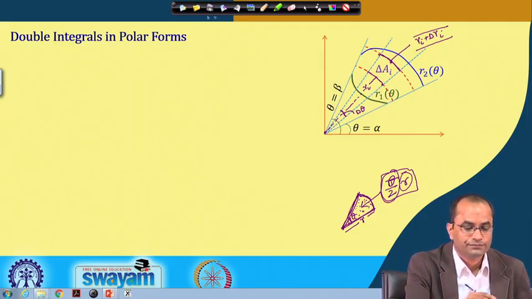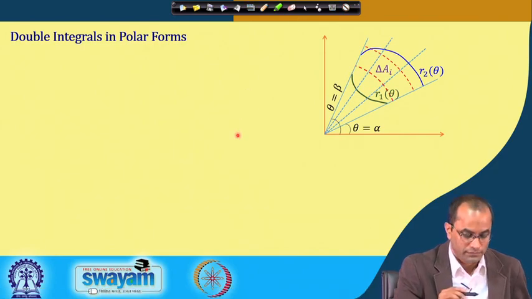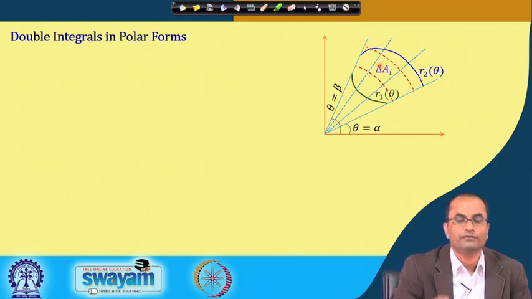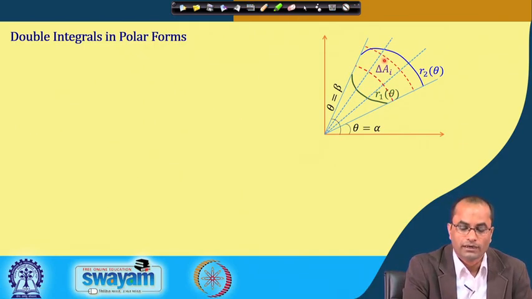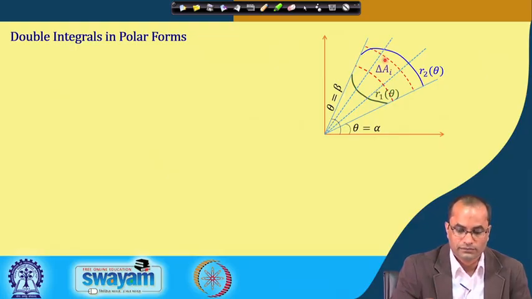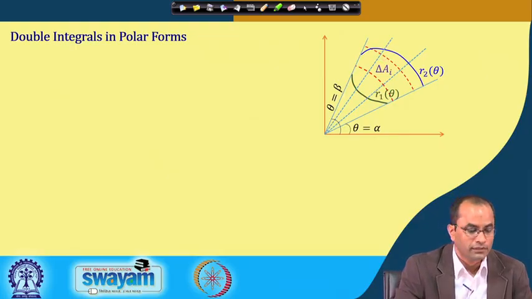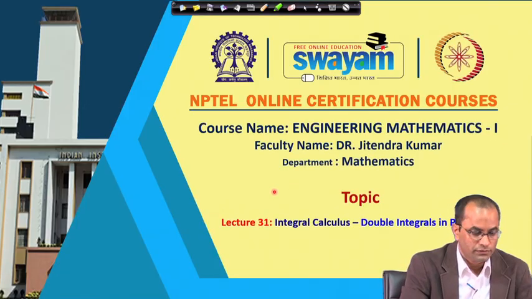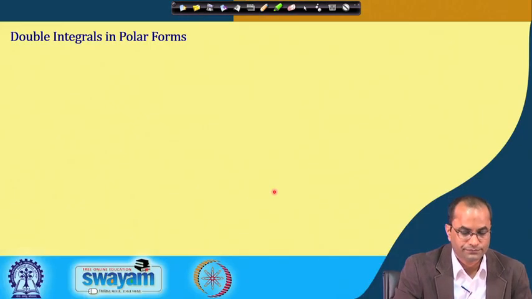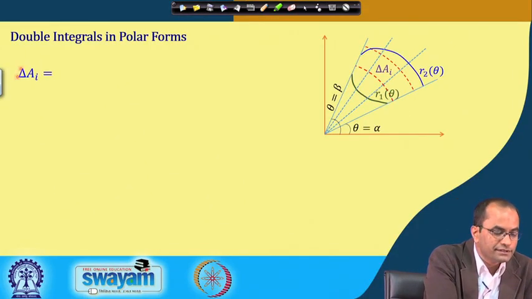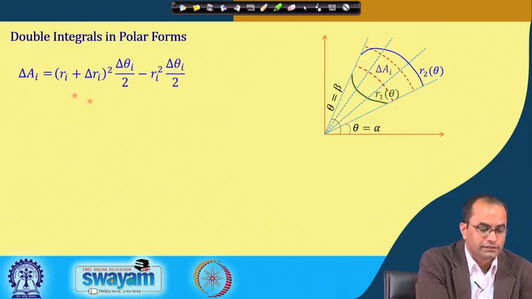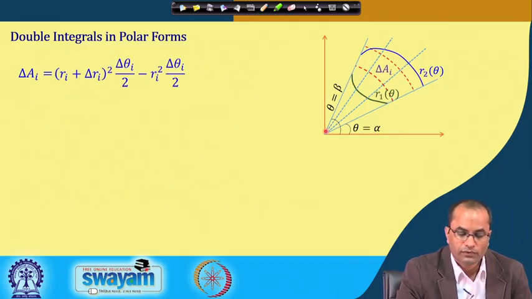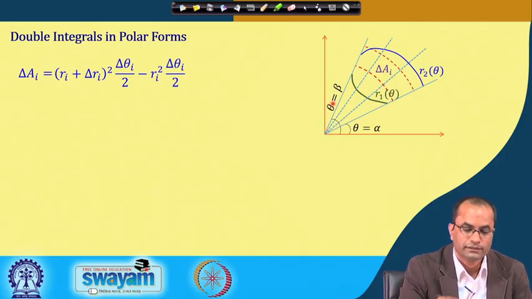So, let us try to compute the area of this small part of the domain, which is denoted by delta A I. In this case, delta A I is given by the area of the larger region up to the radius r I plus delta r I, from which we subtract the inner one.